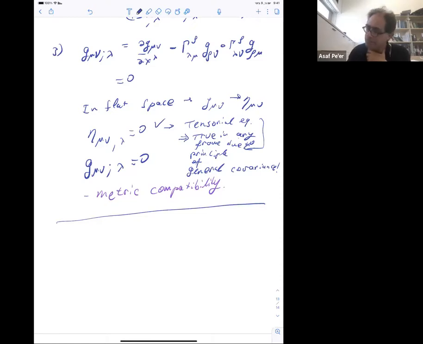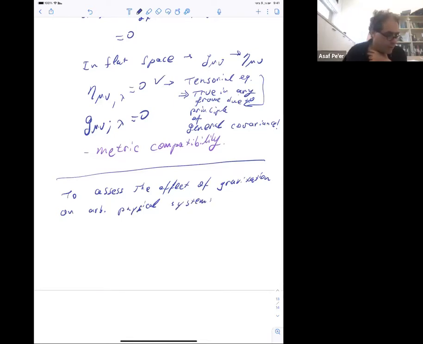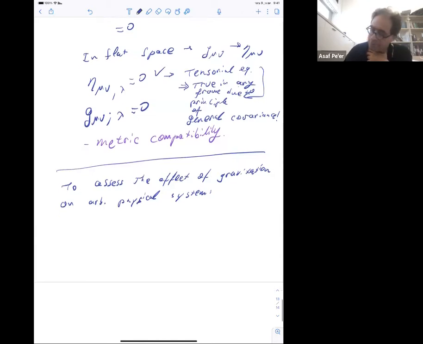What do we do? To assess the effect of gravitation on an arbitrary physical system, we do two things.